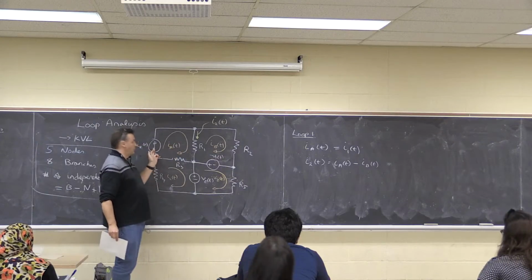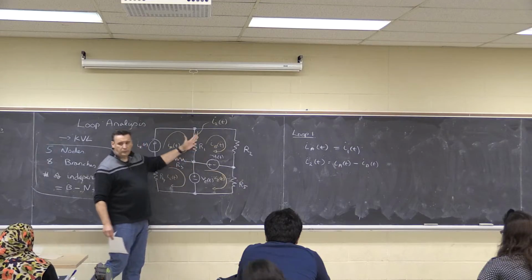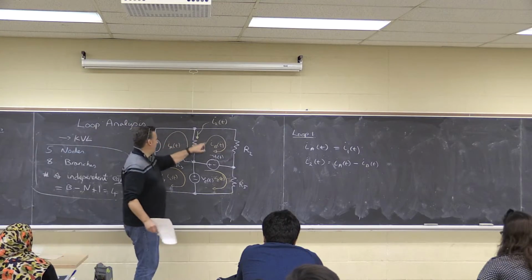So I of A is supplied by this source, so I know that value. I of B I don't know yet. It's going to depend on the rest of the current. But I know the real current flowing through that branch now. It's going to be this one minus this one.